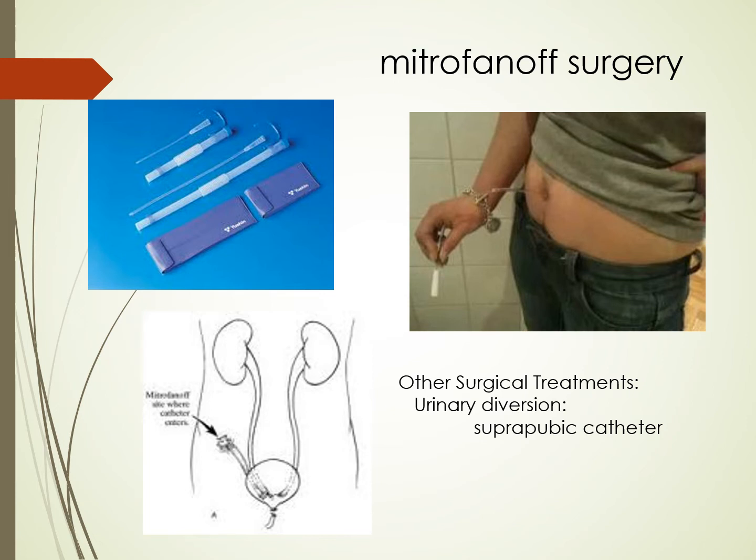This is a type of surgery that can help people with spinal cord injuries, especially women, have much easier to cath themselves. It's called Mitrofanoff surgery. They take the appendix and they use it kind of as a fistula, and they make a little passageway from like the umbilicus right into the bladder, so they can easily pass like a small catheter right in through their umbilicus, right into their bladder to cath themselves.